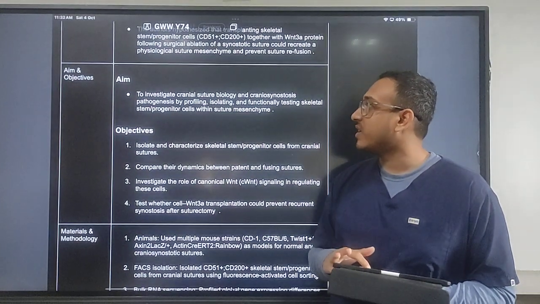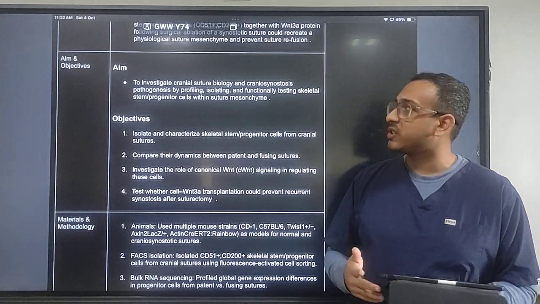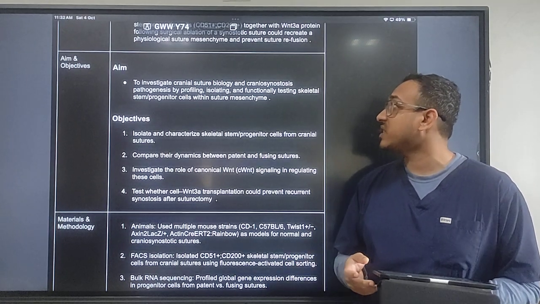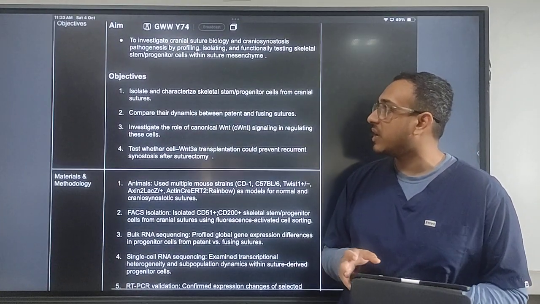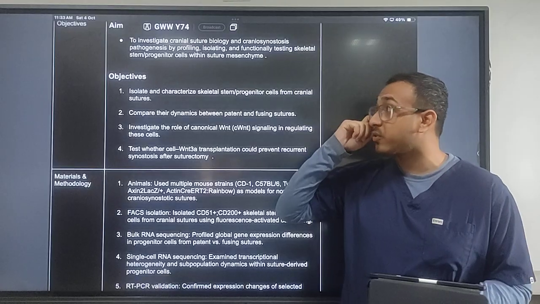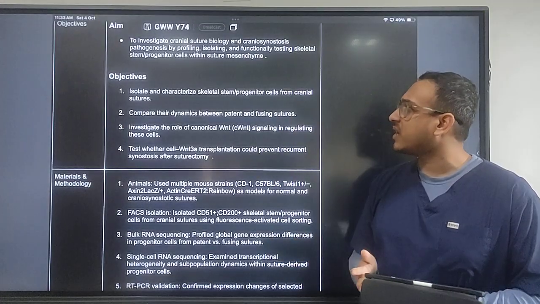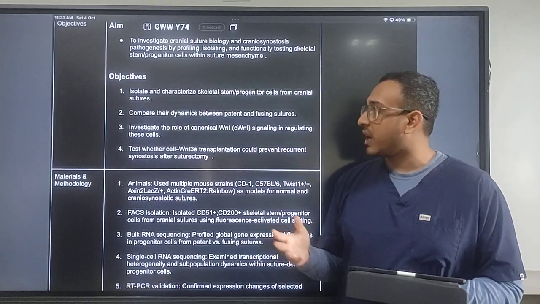They aim to investigate cranial suture biology and craniosynostosis pathogenesis by profiling, isolating, and functionally testing skeletal stem cells within the suture mesenchyme. They had four objectives. They first had to isolate and characterize the skeletal stem cells from cranial sutures.